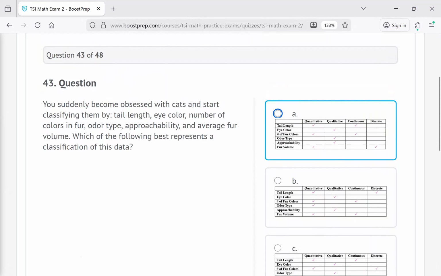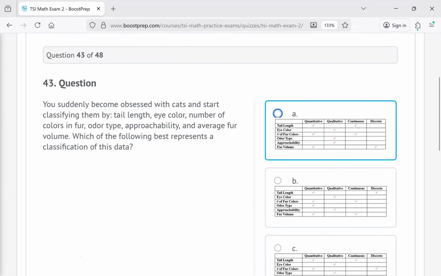What do you think? I think it's going to be C.